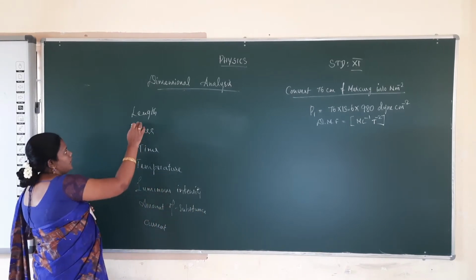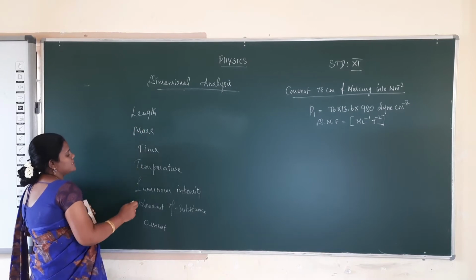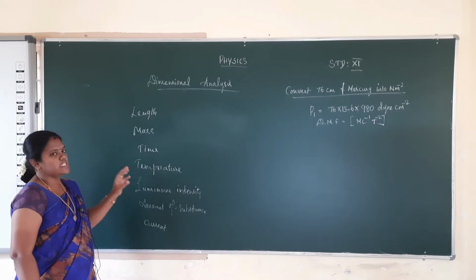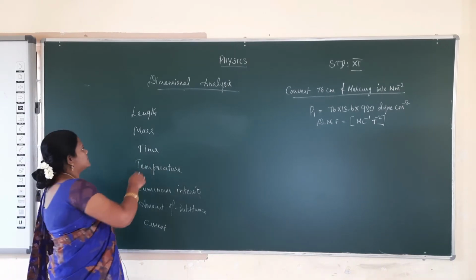Those are the basic physical quantities. The first three are length, mass, time.